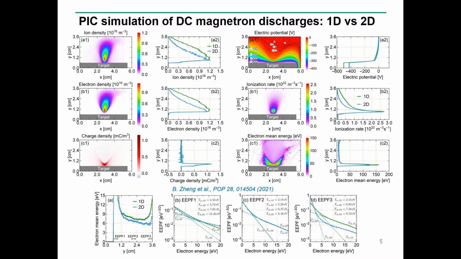From the results, we can see that the plasma densities, the electric potential, the ionization rate, as well as the electron mean energy in the 1D and 2D simulations are very similar.